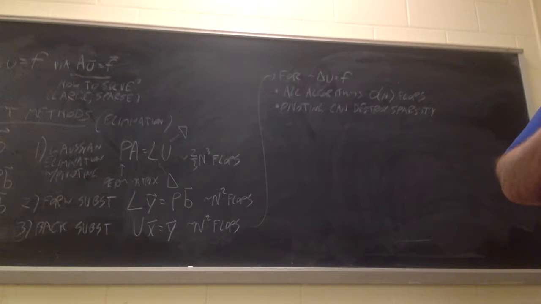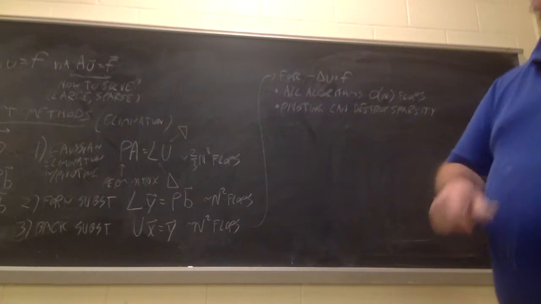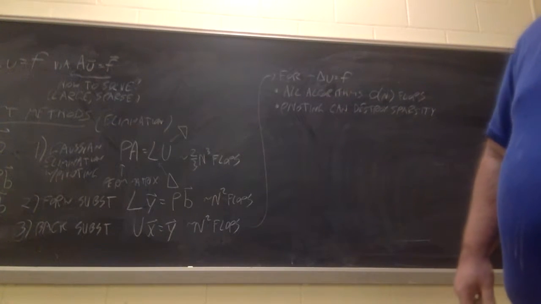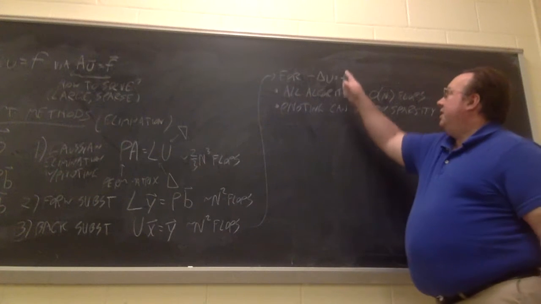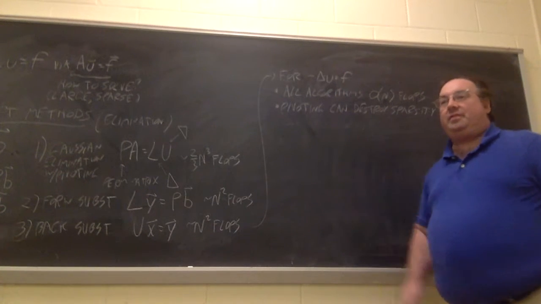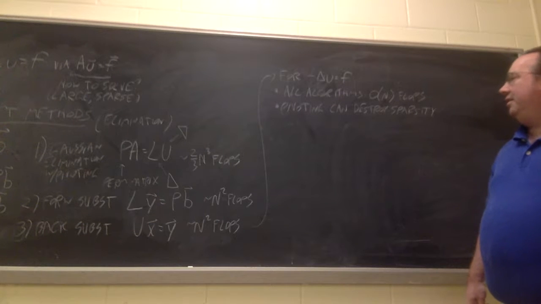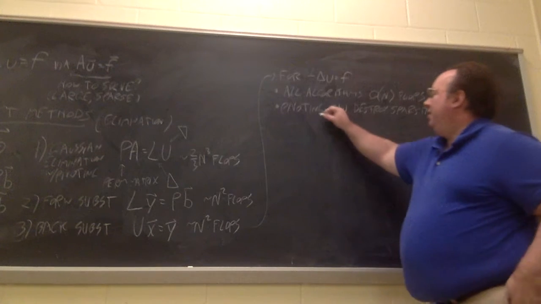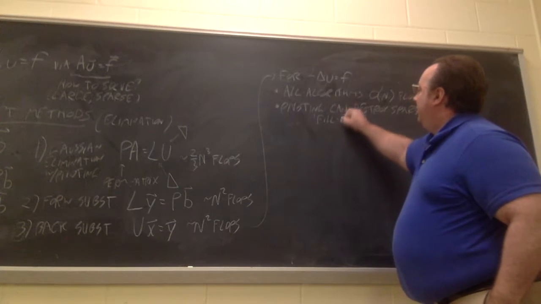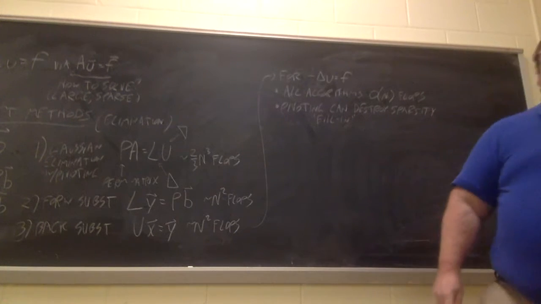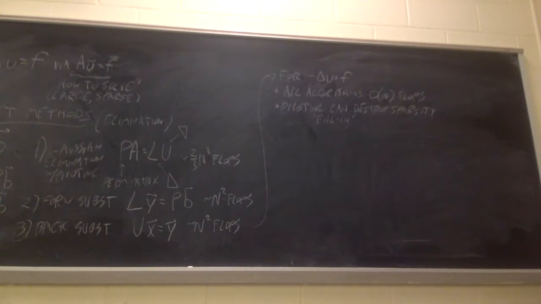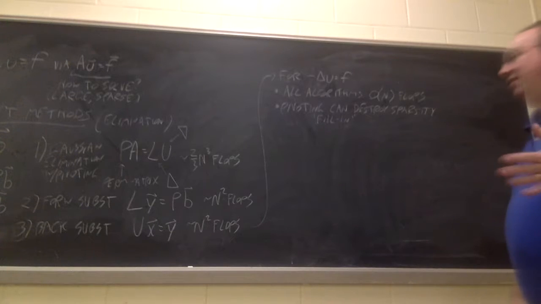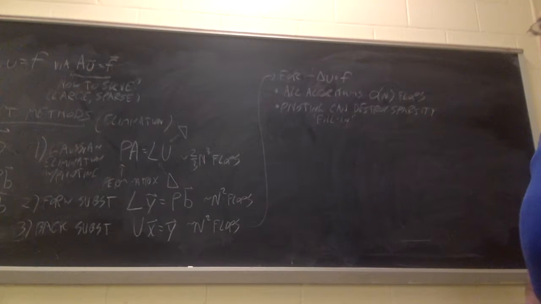Is it discretizing? No. Discretizing is how you get the system from this. Fill-in is what it's called. So people have developed alternatives to partial pivoting for these kinds of matrices that relax the requirements of which rows get swapped with which rows to try to preserve sparsity.